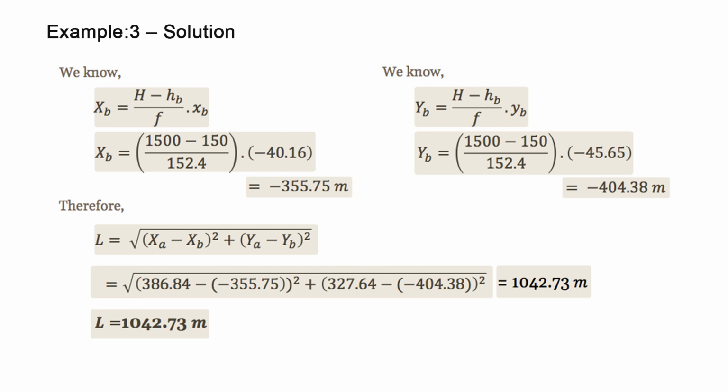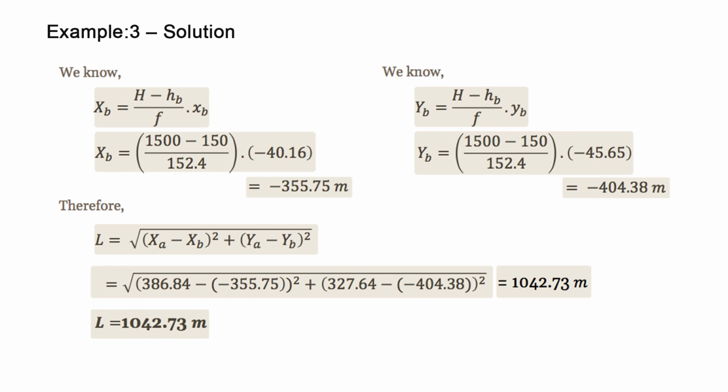So, using the formula, that is capital Xa is equal to (H minus Ha) by f into small xa, we can obtain the solution. Substituting those values, Xa is equal to (1500 minus 200) divided by 152.4 into plus 45.35 is equal to 386.84 meter.